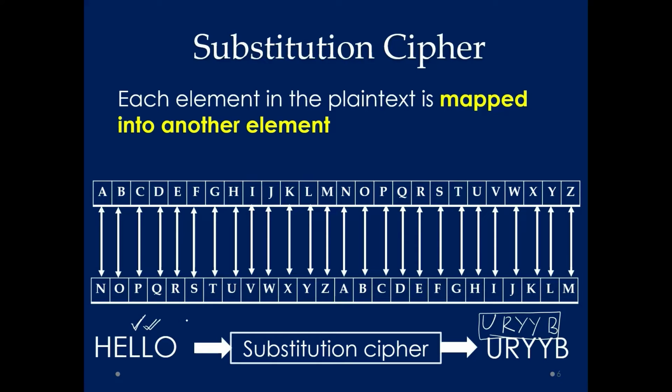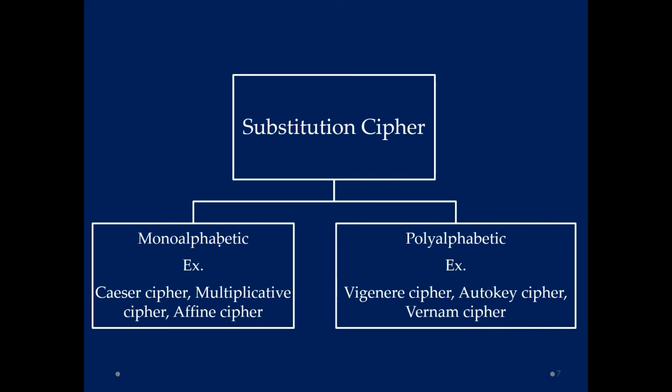So based upon whether you are using one-to-one mapping or one-to-many mapping, there are two types of ciphers. The first is called monoalphabetic substitution cipher. The second type is called polyalphabetic substitution cipher. Monoalphabetic substitution cipher uses one-to-one mapping, while polyalphabetic substitution cipher uses one-to-many mapping.